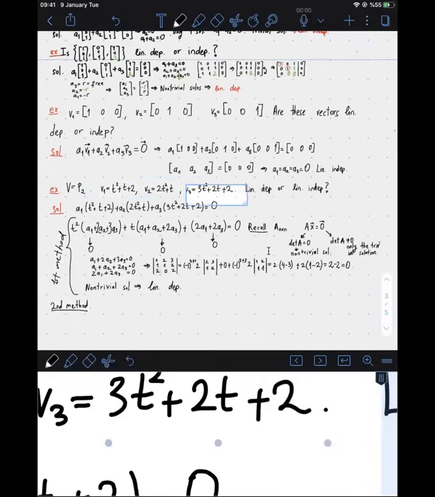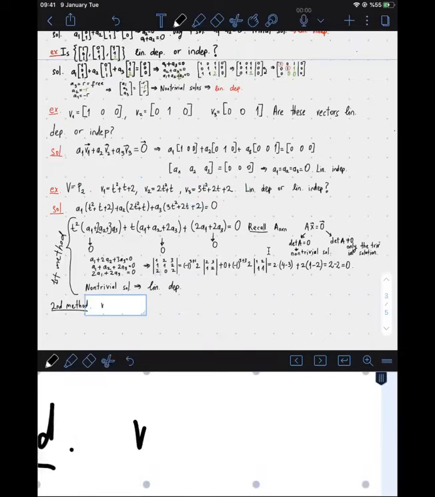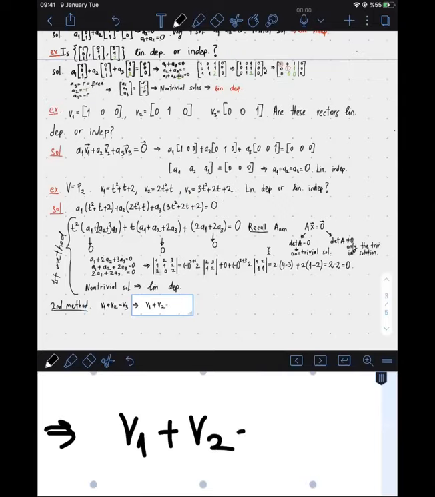So V1 plus V2 is really V3. So what does this mean? V1 plus V2 equals V3. I can write this as V1 plus V2 minus V3 equals 0. Okay, so this means linearly dependent.